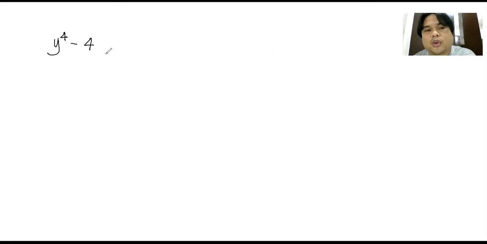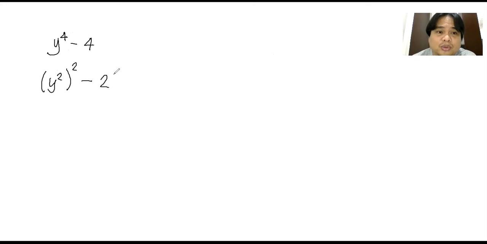Okay, so let us have an example. In this example, you have y to the power of 4 minus 4. To make it easier, express first each term into a square. So y to the power of 4 can be expressed as y squared to the power of 2, minus 4 can be expressed as 2 to the power of 2.